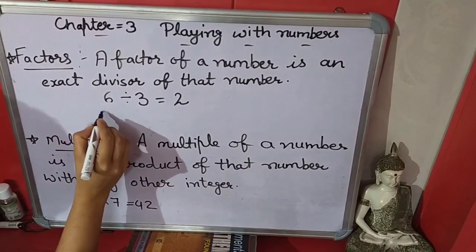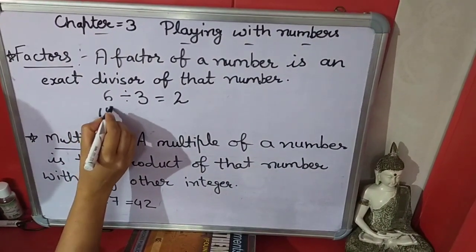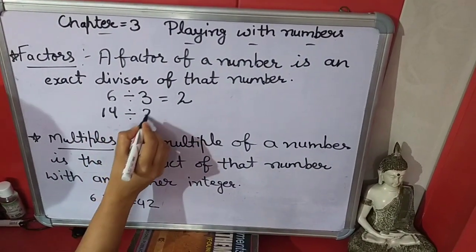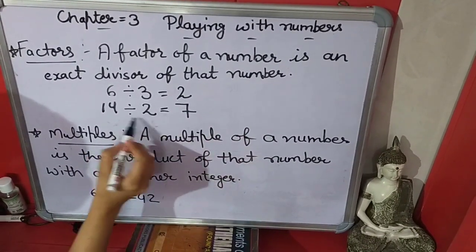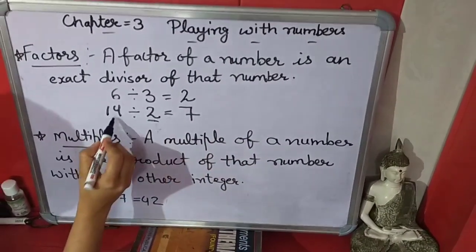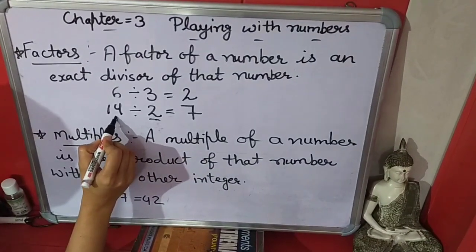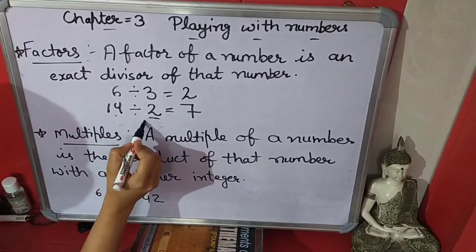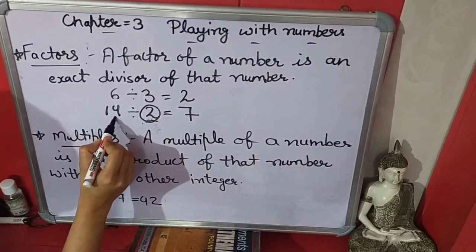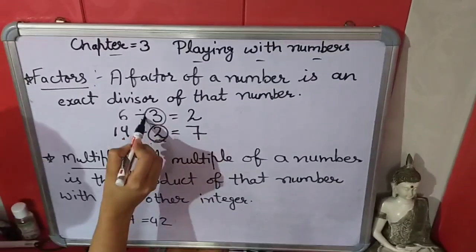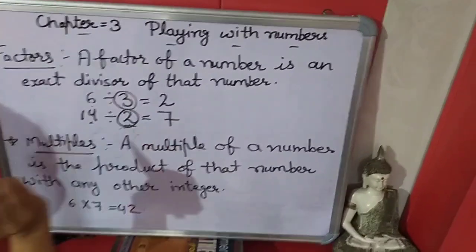Like this, if I have written 14 divided by 2, 7 will come. 2 is dividing 14 completely without leaving a remainder, so 2 is a factor of 14. Similarly, 3 is a factor of 6.